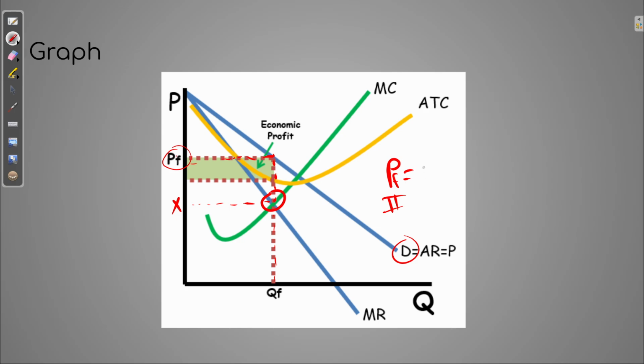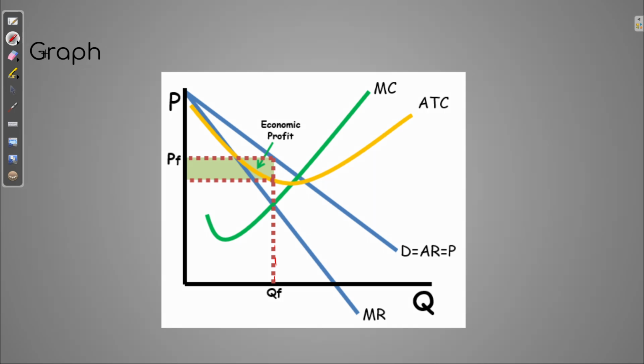I'll say profit equals (price minus ATC) times Q. And in this model, since price is higher than average total cost, this is profit. It's economic profit, as the graph shows. Okay, and in this market, the monopolist can earn long run profits because there's only one firm. They're not really competing with anybody.